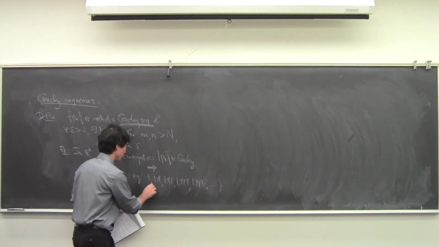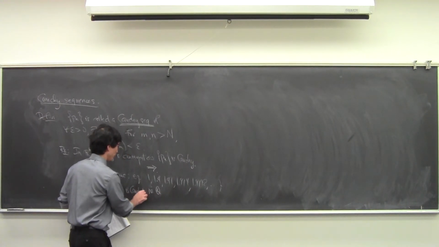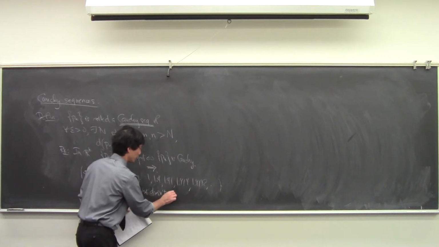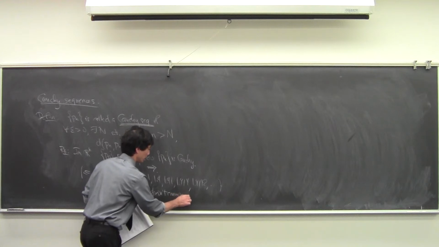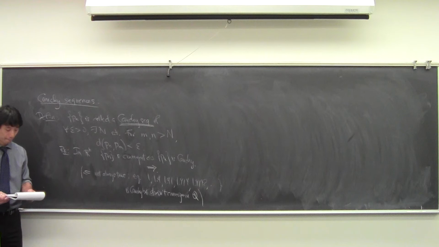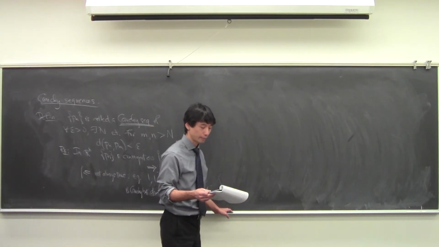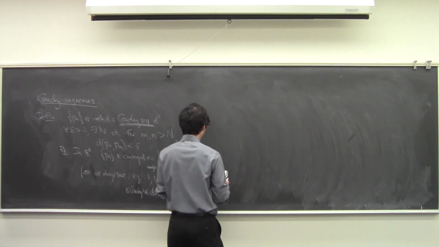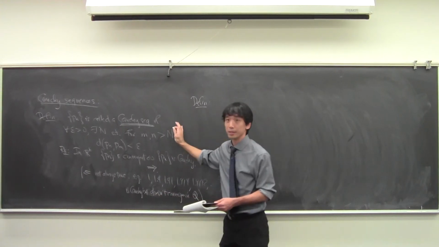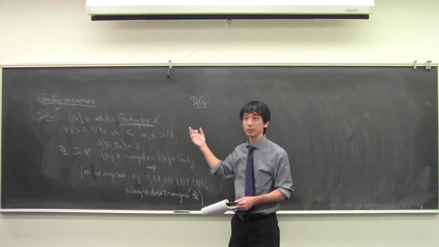So it is Cauchy, but doesn't converge in Q. Okay, so this is the notion of being Cauchy. You can control the distance between points.